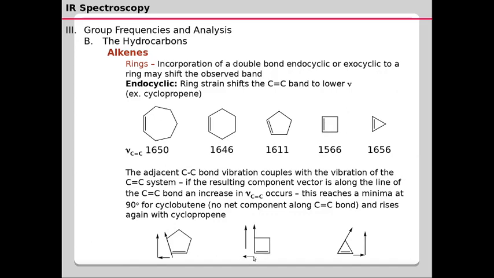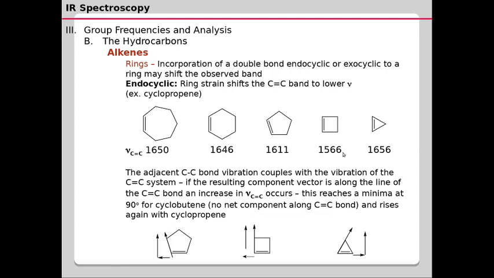But once we come to the case of cyclobutene, which is represented here, you can see that this vector represents the vibrational mode of the carbon-carbon double bond, and the carbon-carbon single bond vibration is at an angle of 90 degrees with respect to the carbon-carbon double bond vibration. So the vectors corresponding to the vibrational modes of the carbon-carbon single bond and carbon-carbon double bond do not effectively couple with each other. This lack of coupling reduces the vibrational frequency to 1566 centimeter inverse.